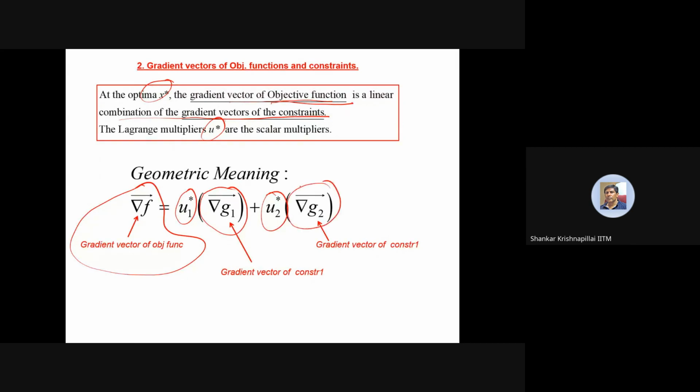Then this is the gradient vector of the second constraint at the optima. And this U1 and U2 are the scalar multipliers. So when you multiply del G1 with U1 and del G2 with U2, that combination will give del F. So let us see the graphical representation of this. Okay, this is just for your mathematical understanding. It's not required for solving the problems.